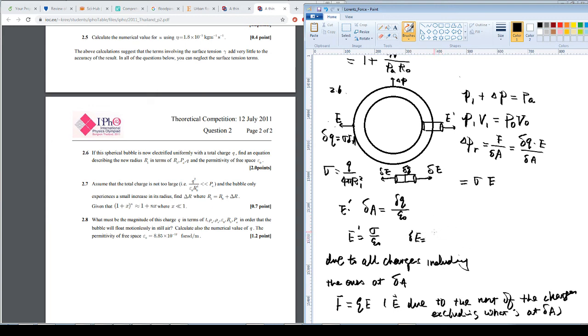Delta E is sigma over 2 epsilon naught, right? Is that okay? Yeah, that makes sense. It's just a plane with two sides of charge. Well, it's really a small portion of an infinite plane.